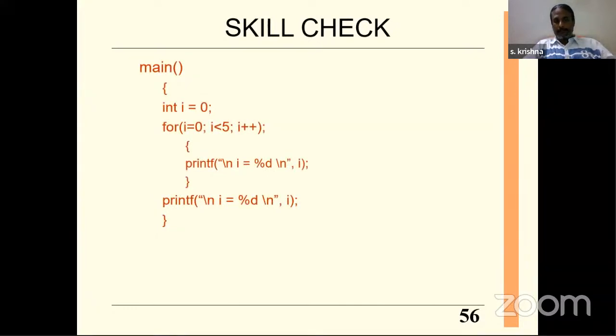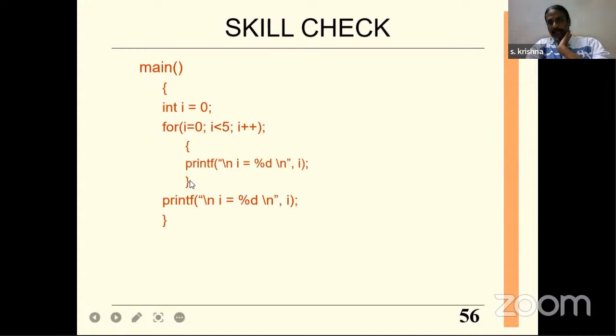Now tell me what will be the output of this. Skill check. Fast. The structure of C here, after for loop, it has to be flower brackets only.